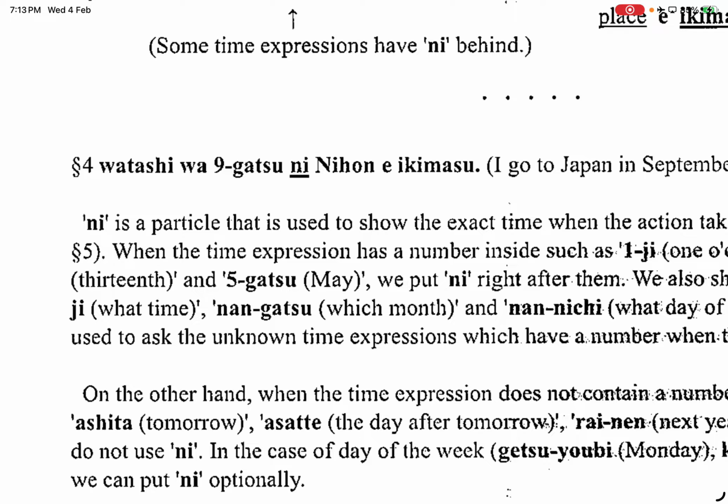So 3時に, we learned it previously, it just means at 3 p.m. But of course, when we say the month 9月に, we don't mean "at September". In English, the best will be "during September" or "in September". So this ni plays a role in this kind of translation. In December, during December, for example.